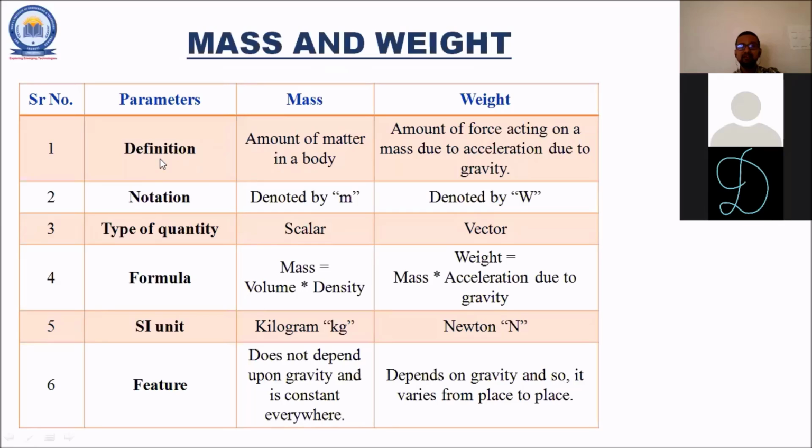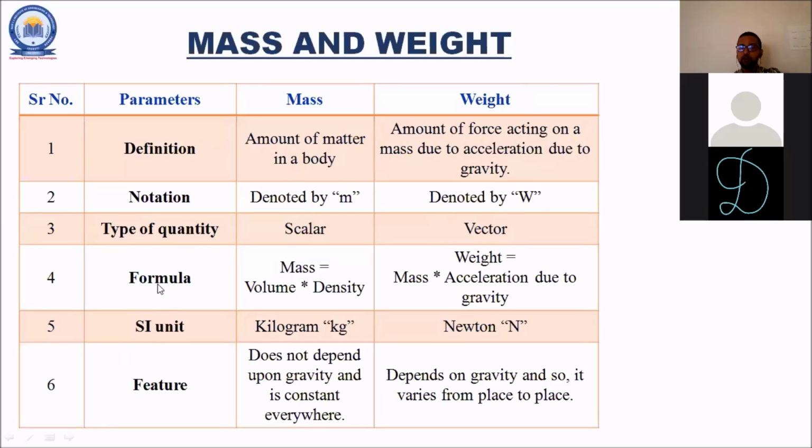So first, making the comparison, taking the definition. Mass is the amount of matter contained in the body, whereas weight is the amount of force acting on the mass due to the acceleration due to gravity. When we consider the notation, mass is always represented by small m, whereas weight is denoted by capital W. The type of quantity: mass is a scalar quantity, whereas weight is a vector quantity.